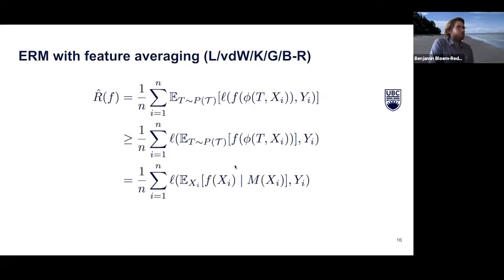Actually, we have some experiments that show even if you train with data augmentation, if you apply feature averaging at test time, you typically get a boost, which is nice. But it also lets us do a bit more theoretically. We can see where symmetry is advantageous through looking at feature averaging and looking at a certain type of generalization bound.